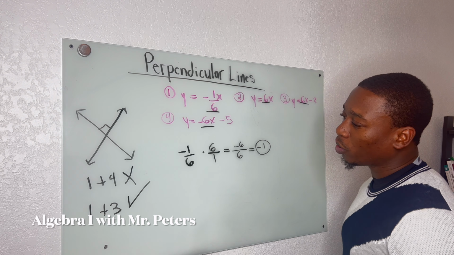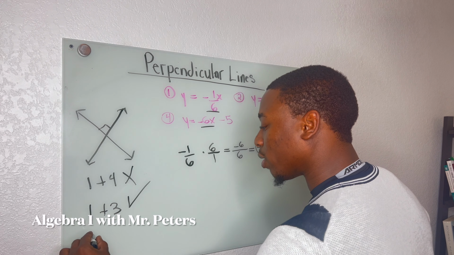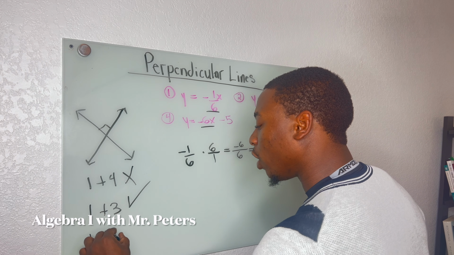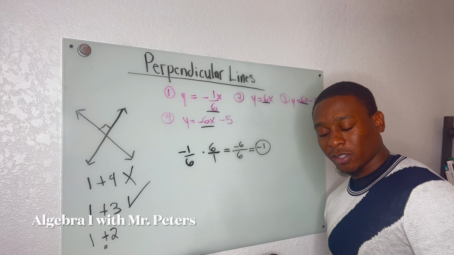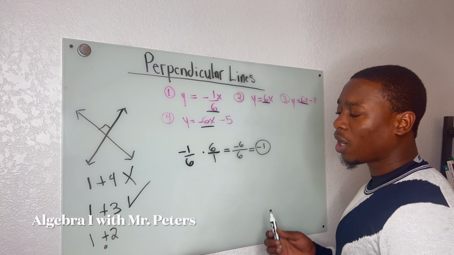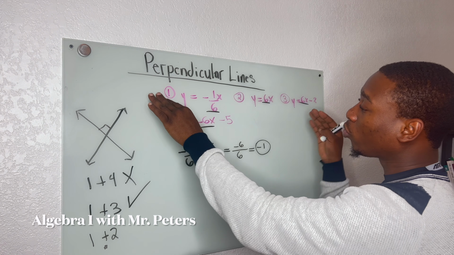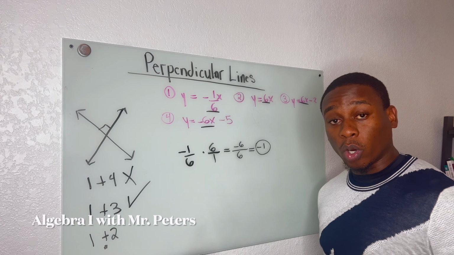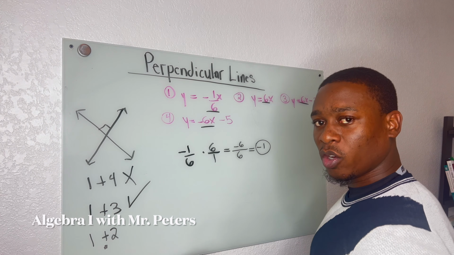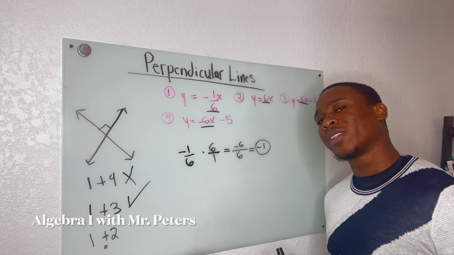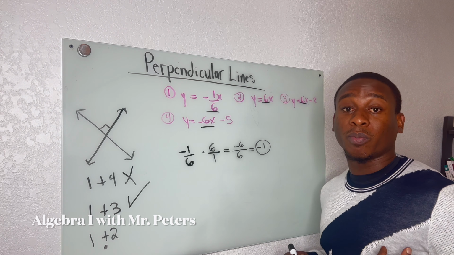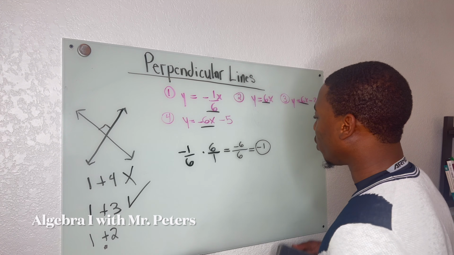And before we go, let's do the last comparison of equation 1 and equation 2. And just understand, guys, there's probably other combinations that may work, but I'm just focusing on comparing 2, 3, and 4 to equation number 1, right? And if you have any questions, comment down below for us. I'll definitely reply back, or we will reply back and get back to you as soon as possible.